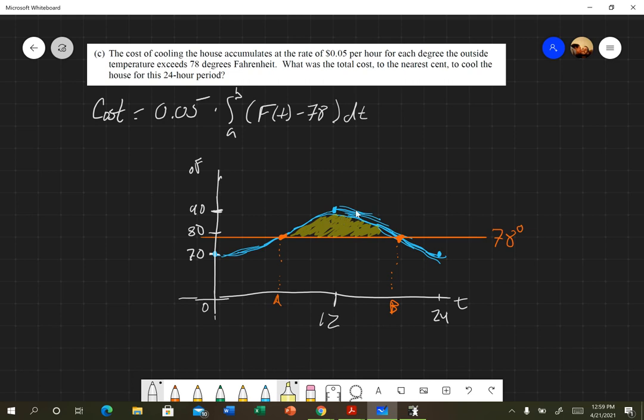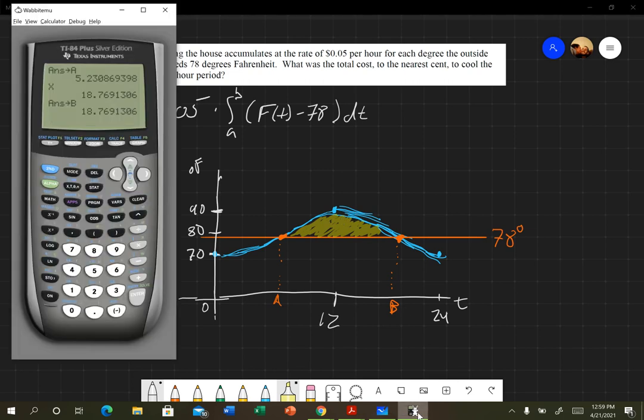Okay, and so again, we can go back to the calculator and let the calculator do the heavy lifting for us. Okay, and so what we do is we can do 0.05 times math 9. It's going to be alpha A, right? That's our first point. We're going from alpha A, then we're going to alpha B. That's our second point. We stored those values into the calculator for us. We're going to do alpha y1 minus 78 dx.